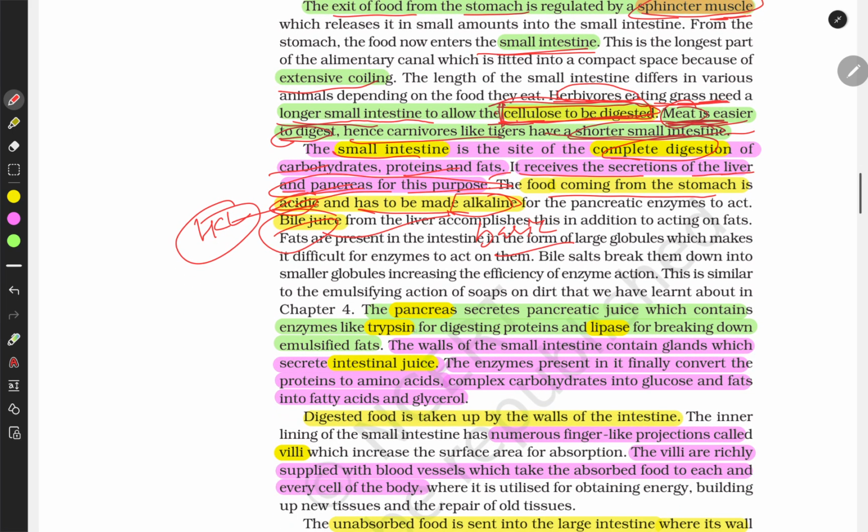And what does the pancreas secrete? The pancreas secretes pancreatic juice, which contains enzymes like trypsin for digesting protein and lipase for breaking down emulsified fat. The walls of the small intestine contain glands which secrete intestinal juice, and the enzymes present in it finally convert protein into amino acids, complex carbohydrates into glucose, and fats into fatty acids.